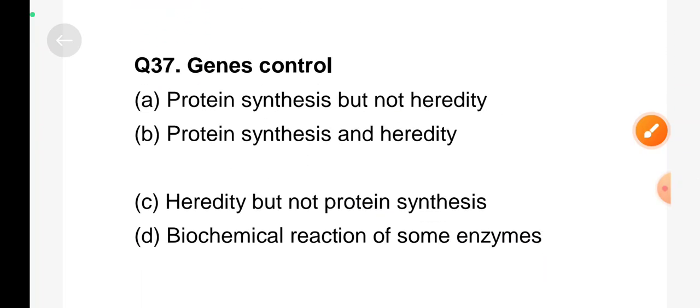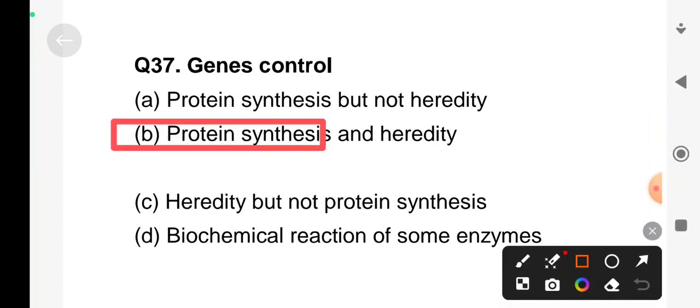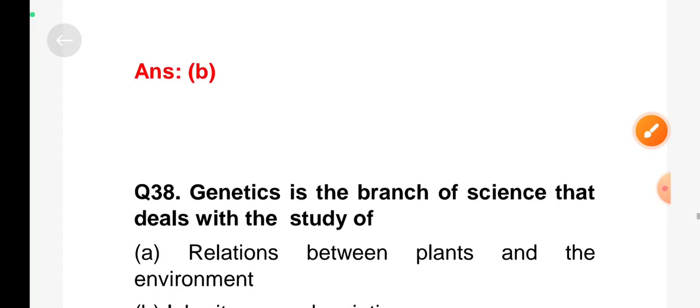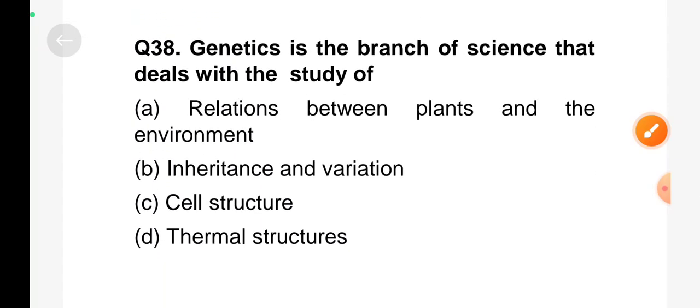Gene controls option A protein synthesis but not heredity, option B protein synthesis and heredity, option C heredity but not protein synthesis, option D biochemical reaction of some enzymes. Right answer is option B, protein synthesis and heredity. Genetics is the branch of science that deals with the study of option A relation between plant and the environment, option B inheritance and variations, option C cell structure, option D thermal structure.